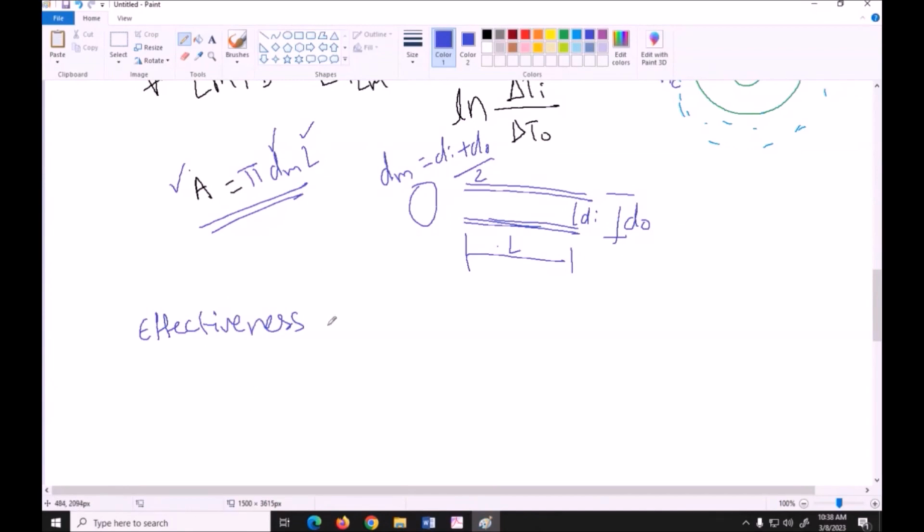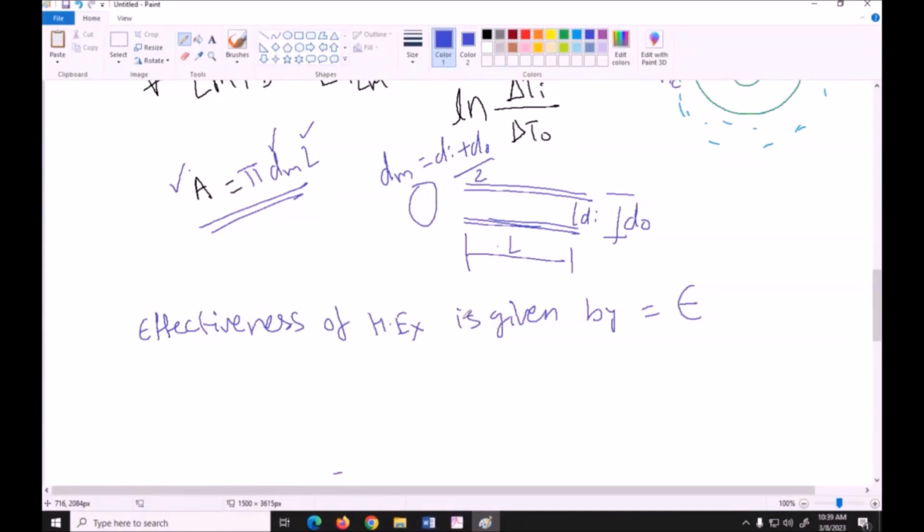The effectiveness of the heat exchanger is denoted by epsilon. It is like efficiency, but the word efficiency is not used for a heat exchanger. It is not a machine which is giving an output. A heat exchanger is a mediator, translator, or agent between two things.